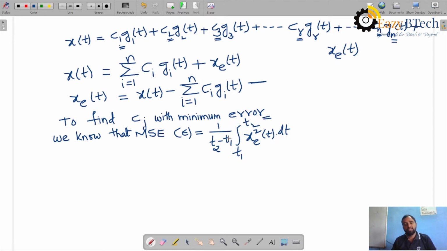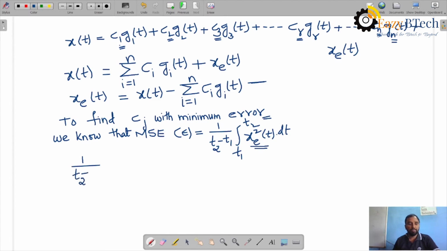In this process, we can get the cj when you minimize the mean square error. In that process, we get the value or formula of cj. That is the way we are going to see next. So here, the error function we know, x of t minus summation i is 1 to n ci gi of t. I am taking it in the place of xe.